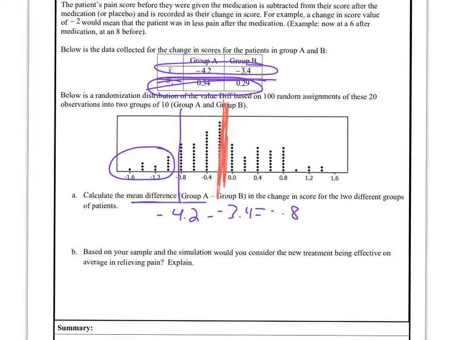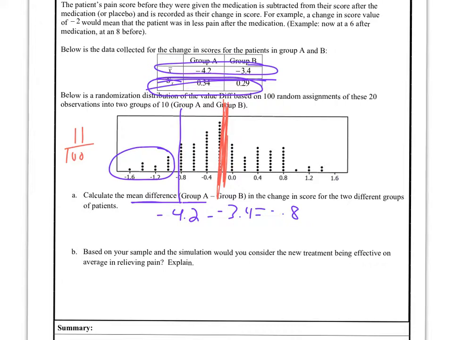I have 11 dots out of 100. So 11 out of 100 is 11%. That is definitely more than 5%, which means this is likely. This is inside the bounds that would occur due to random variability, so it is a likely event.